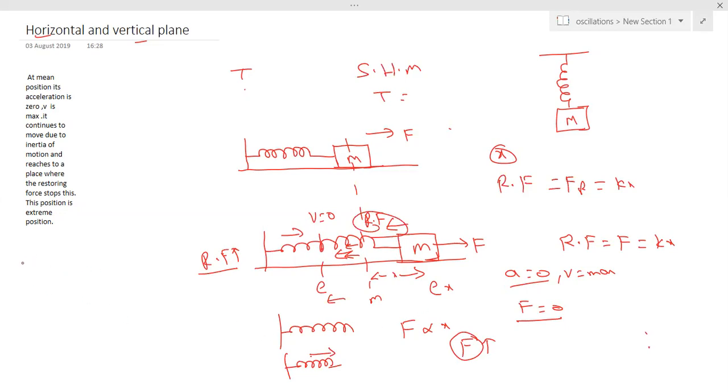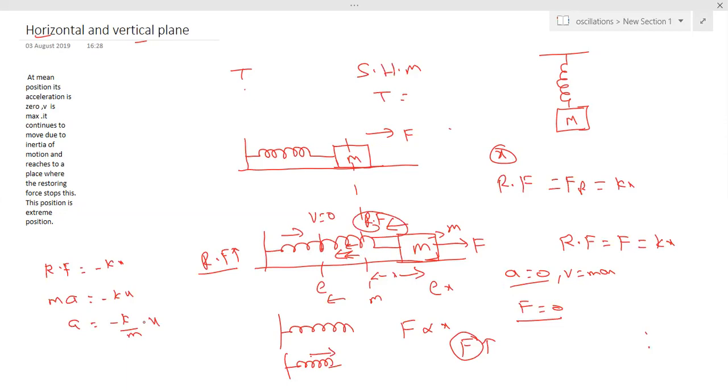See the formula for the restoring force developed: Rf is equal to minus kx. This restoring force acts on a body of mass m. According to Newton's law, F is equal to ma, that is equal to minus kx. Then a can be written as a is equal to minus k by m into x.